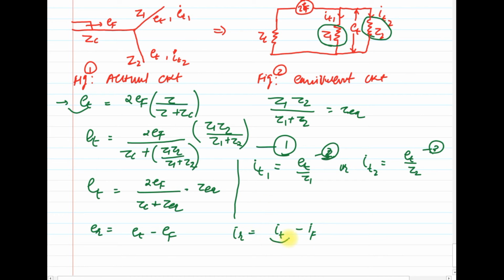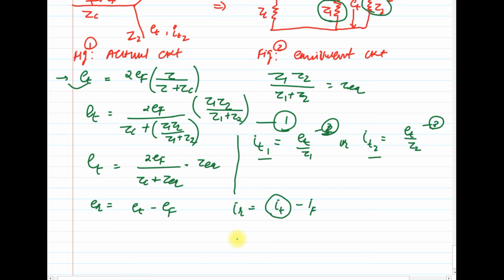But now instead of IT we have two different currents, IT1 and IT2. So I can write IR is equal to IT1 plus IT2 minus IF. Clear? Or equation number 4.